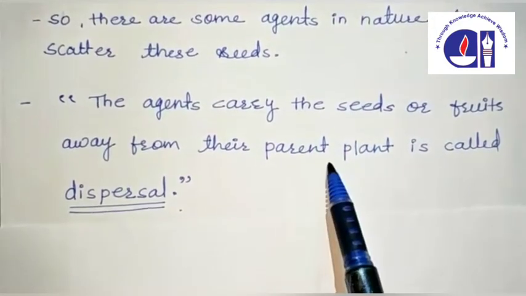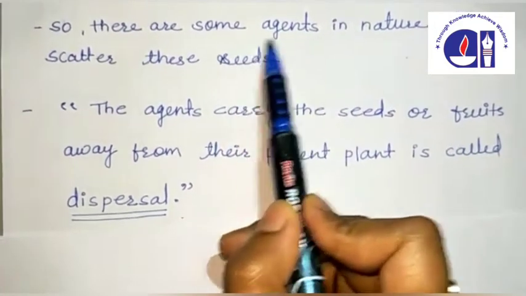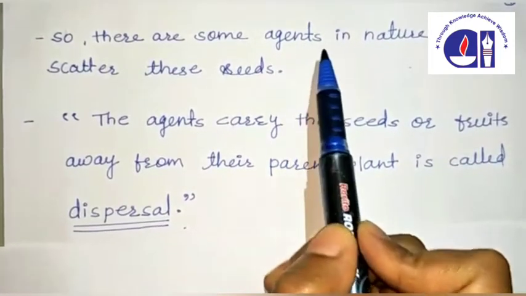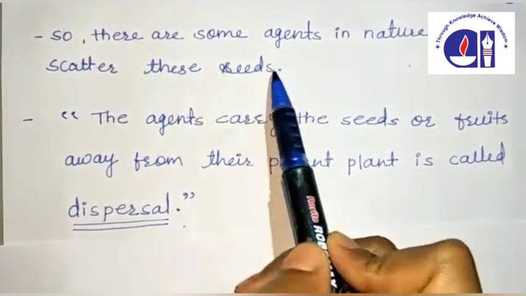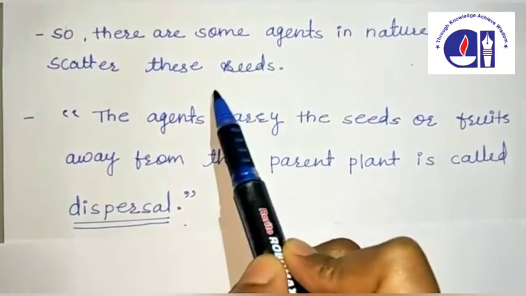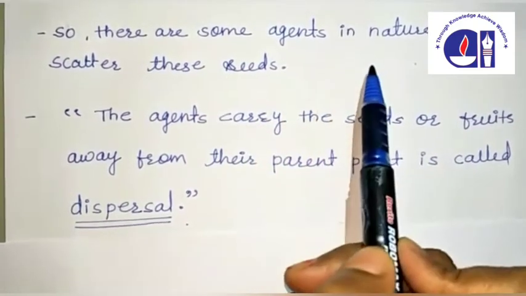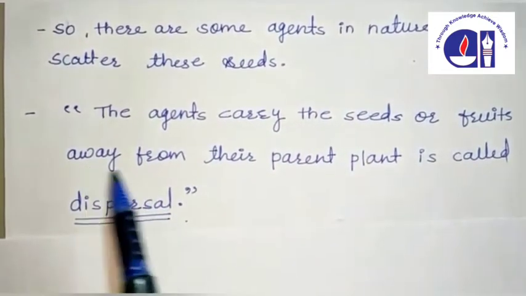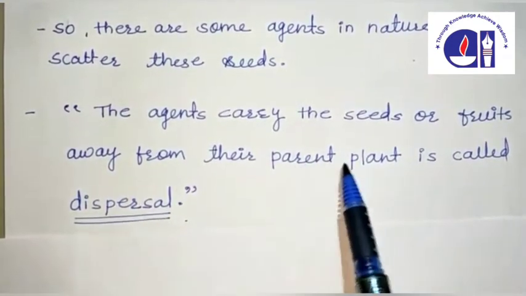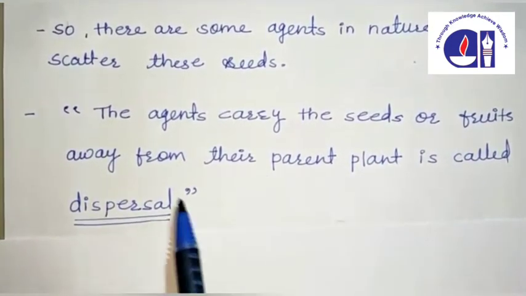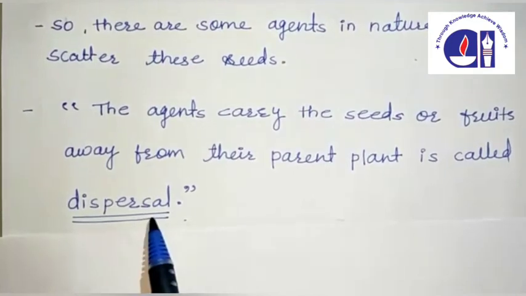How can they go? There are some agents that help them to move, scatter or go from one place to another, away from their parent plant, and this process is known as dispersal.